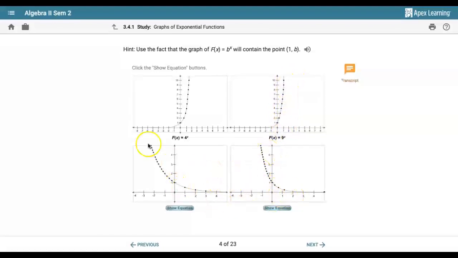Even though these are decreasing, that should immediately send off a signal in your head that the base has got to be a value between 0 and 1. Then you look on your graph and see where the point at 1 is. When it's at 1, it's at about a half. So I would guess a half, and lo and behold, I'm right.